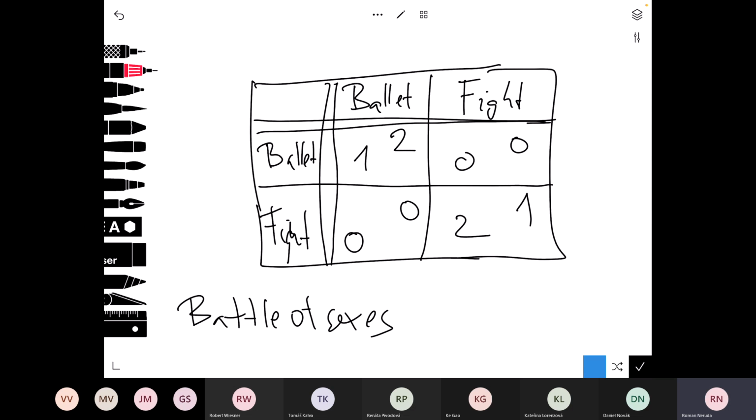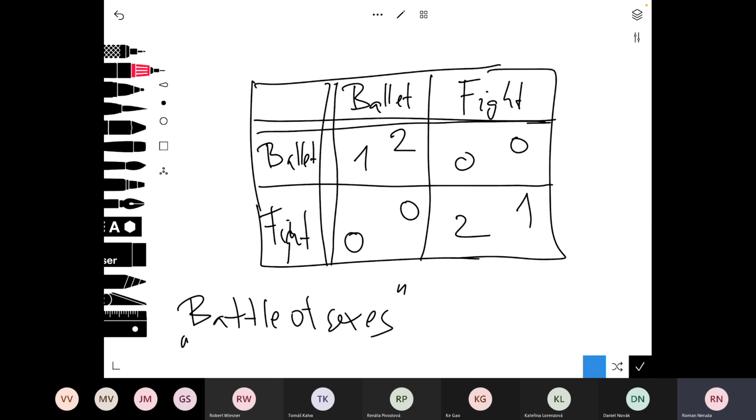So now the Battle of Sexes is considered in some circles to be sort of a sexist name. I don't know why. I mean, some of you will probably say that we don't even know who's Alice and who's Bob, right? Who's male and who's female. So what are the options?